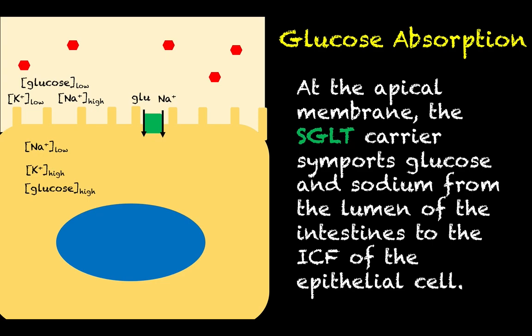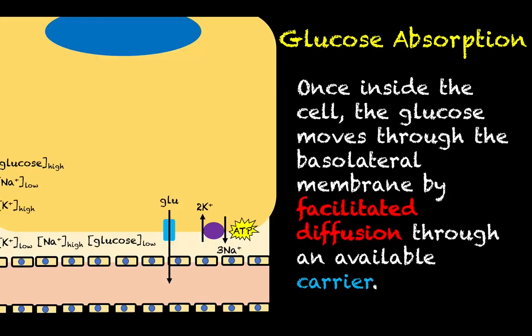It has crossed the apical membrane. So now we just need glucose, now that it's inside the cell, to cross through the basolateral membrane to get access to the bloodstream. This is a much more simple task because since glucose here is at a high concentration in the intracellular fluid and a low concentration in the extracellular fluid, glucose can simply move through the basolateral membrane through a carrier by facilitated diffusion.